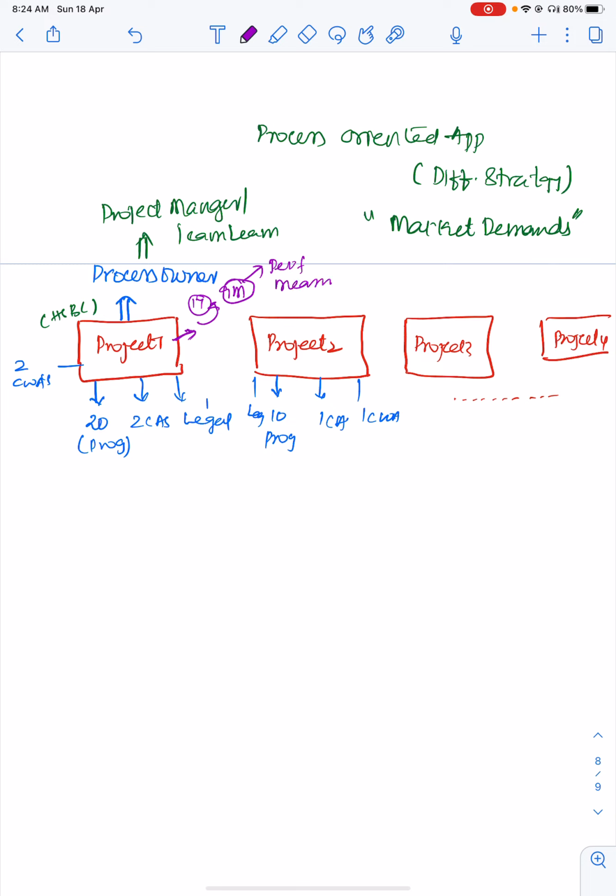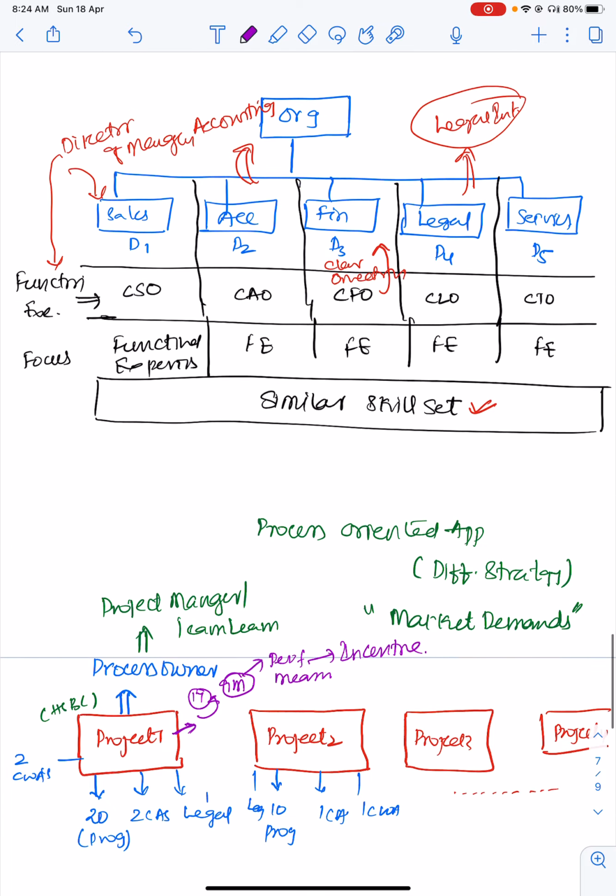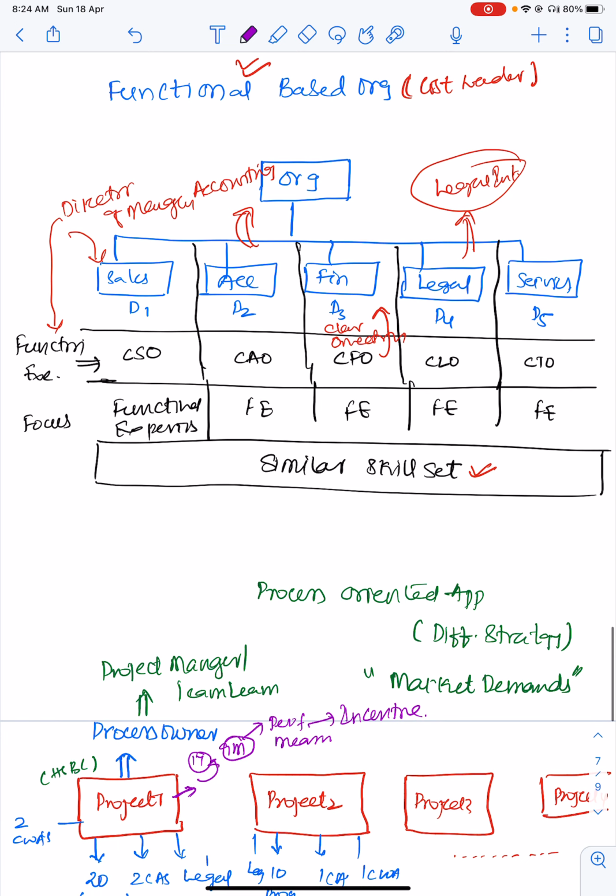We can measure the performance and we can give the incentive. That means we can easily align process measurement with process goals and incentivize the people. That happens easily in this approach, but that doesn't happen in a function based approach. So these are certain positives and negatives we need to see.